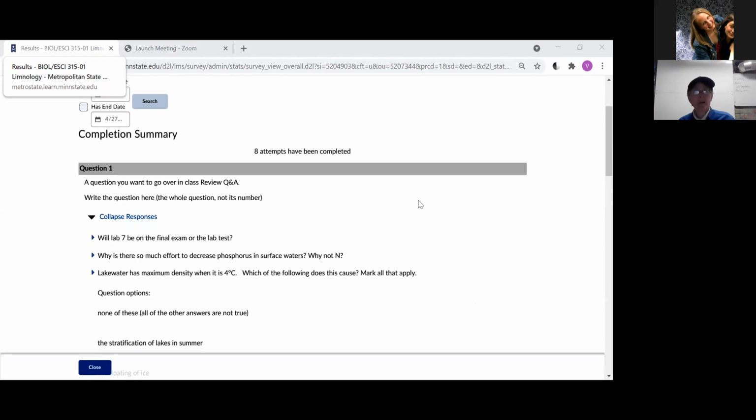Will lab 7 be on the final exam or the lab test? Things that are on labs could be either on the lab test or the exam. That's a good question. Lab 7 was the calculation of heat, and that will be on the exam.